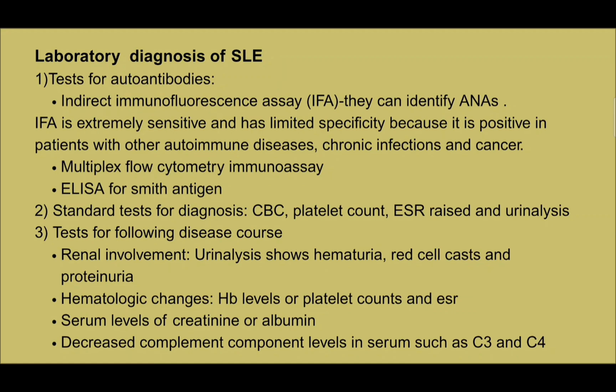Hematologic changes: hemoglobin levels, anemia or platelet counts, thrombocytopenia, and ESR. Serum levels of creatinine or albumin. Decreased complement component levels in serum such as C3, C4 are often indicators of enhanced consumption and increased disease activity. The course is variable and unpredictable. It shows remissions and exacerbations.